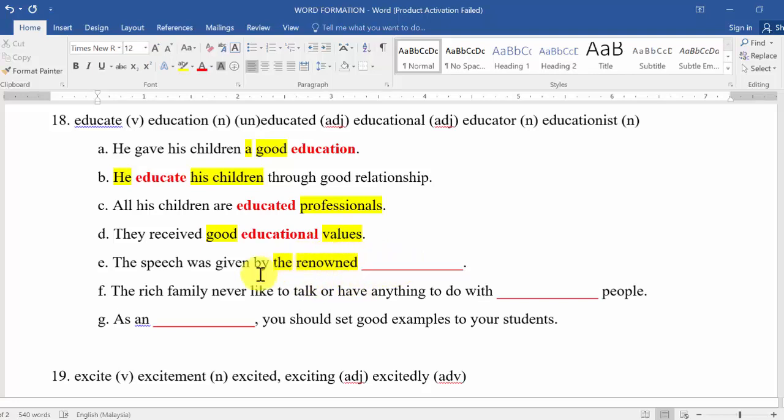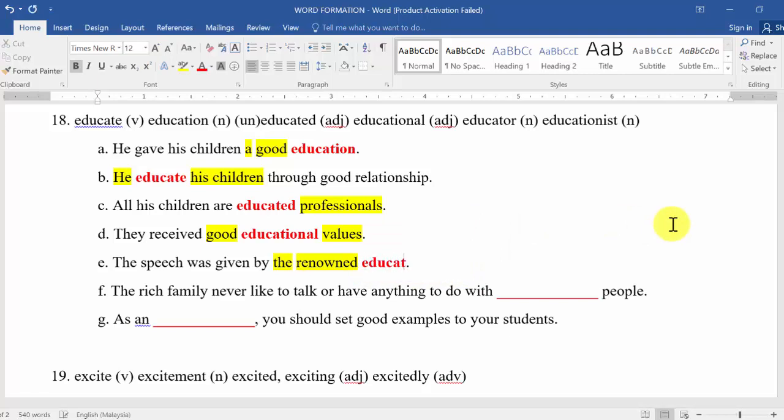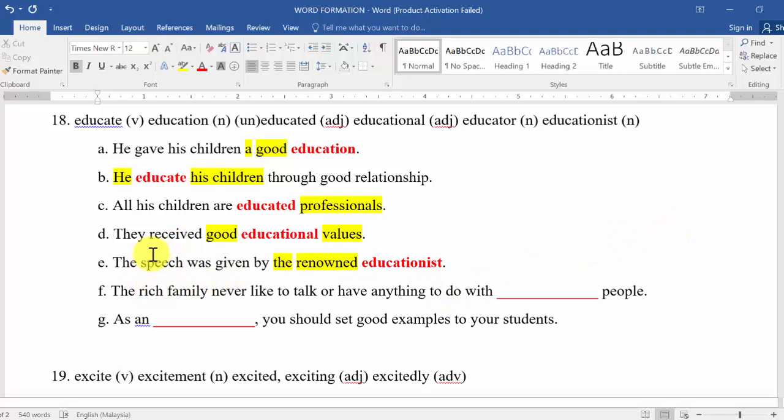A speech must be given by a person, so a famous person: educator or educationist. It should be educationist. Why? Because as I told you just now, an educator is someone who teaches, while an educationist is someone who knows a lot about education. They usually give speeches or write books about education. So your answer here should be educationist.